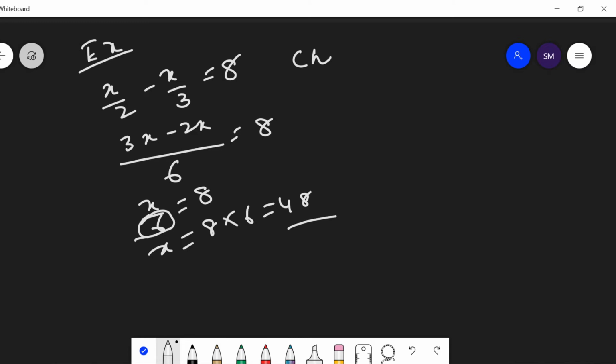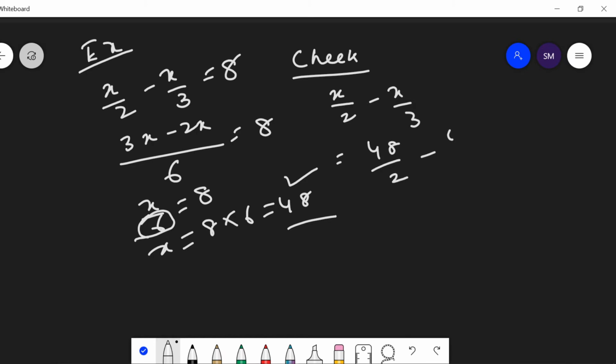Then how can we check it? Check means put the value of x equal to 48 in LHS and you must get the RHS. Then can we say that our answer is right? Put the value of x is equal to 48 in LHS. Then this is 48 upon 2 and this is 48 upon 3.